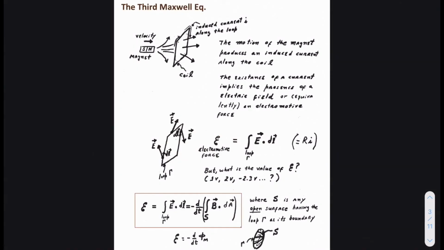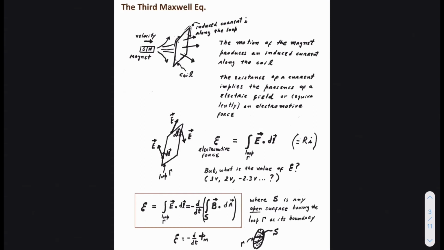Now let's turn to Maxwell's third equation. For that, let us consider an experimental setup like this. Say we have a loop of wire like this and a magnet like this. Now we are moving this magnet in and out through this loop with some velocity.